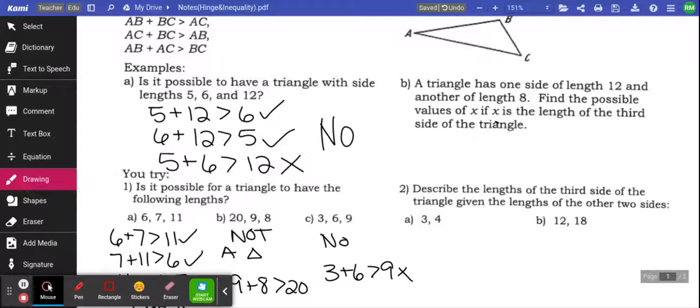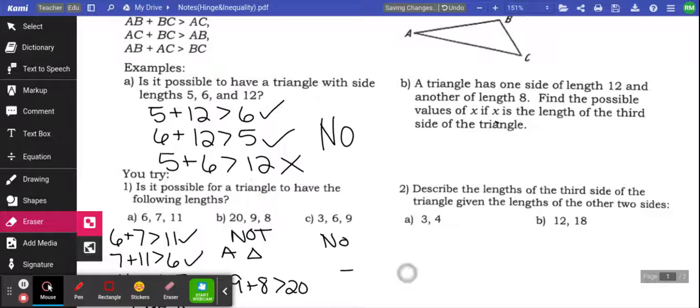So I'm up here at B now, so we'll do one together and then we'll practice. Let me erase that. A triangle has one side length of 12 and another side length of 8. Find the possible values of x if x is the length of the third side of the triangle. So what we are going to do is set up three different inequalities that look something like this.